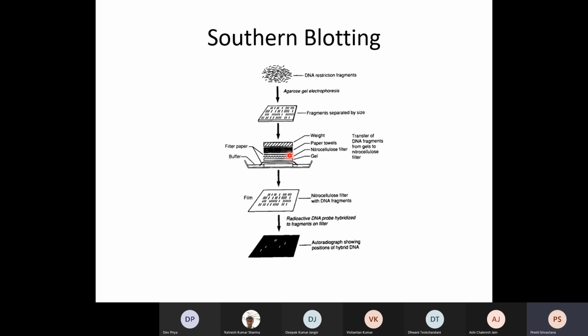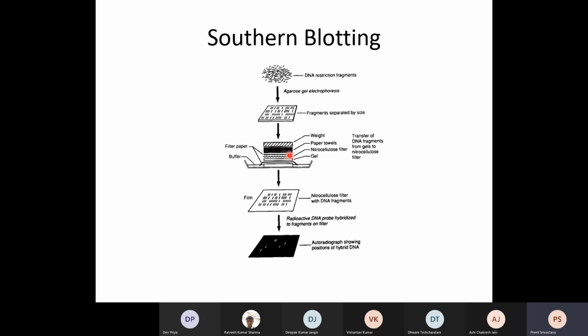In the morning, what you will find is all the paper towels, everything, would be wet. When you remove all of these, you will remove the weight, the paper towels, and the nitrocellulose filter paper. The best way is to check the gel to see whether you see anything or not.